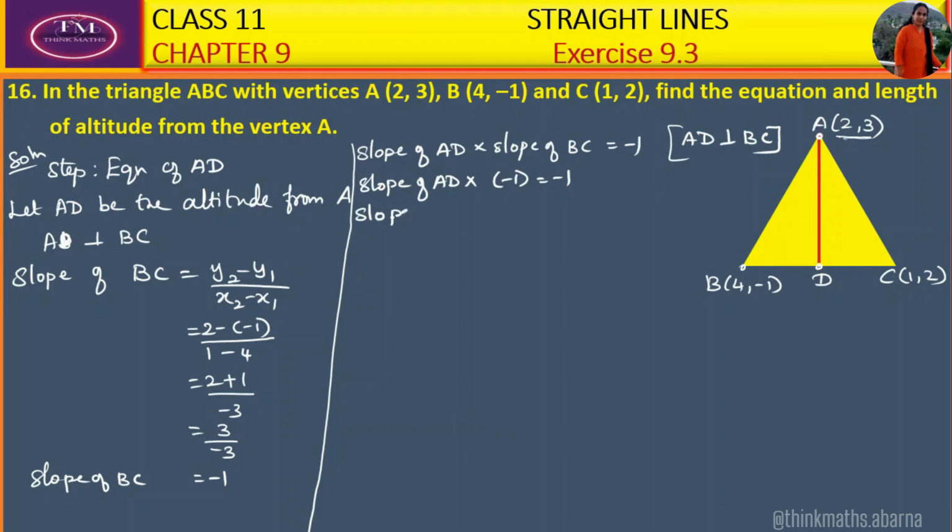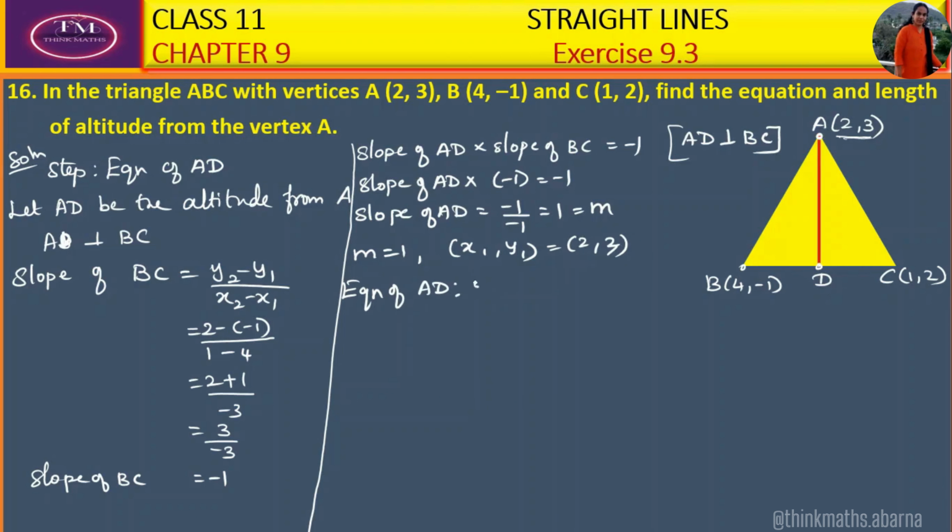So slope of AD equals -1 divided by -1, which is equal to 1. So this is equal to m. So m is equal to 1, and the point x1, y1 is (2, 3).